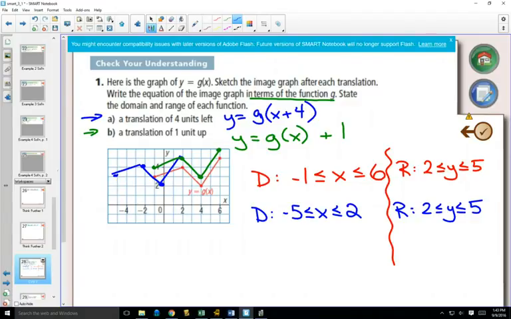And finally, on our green graph, our domain is still from -1 to 6, but our range is now from 3 to 6.